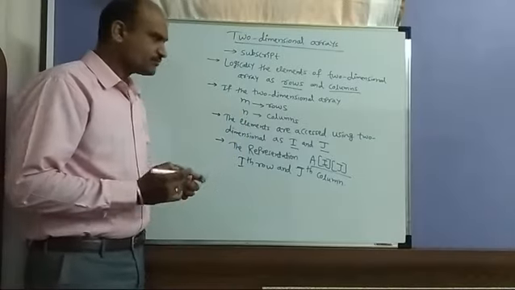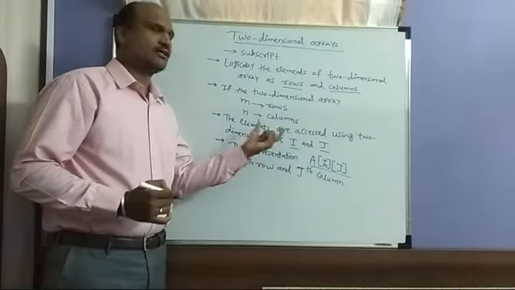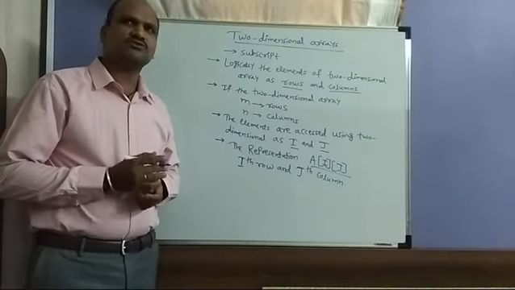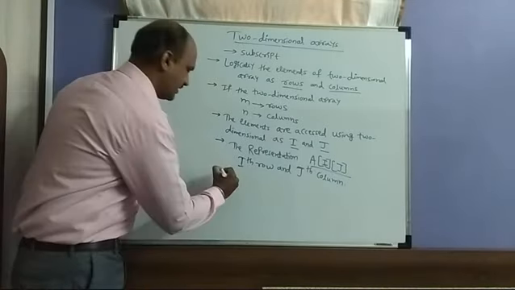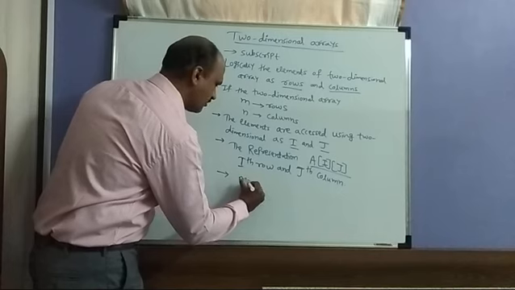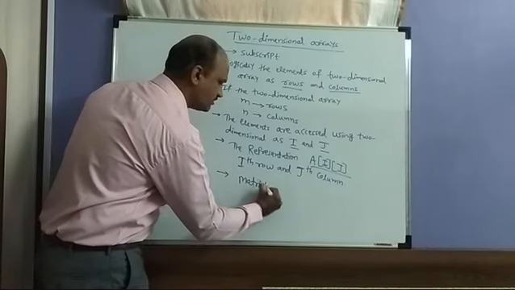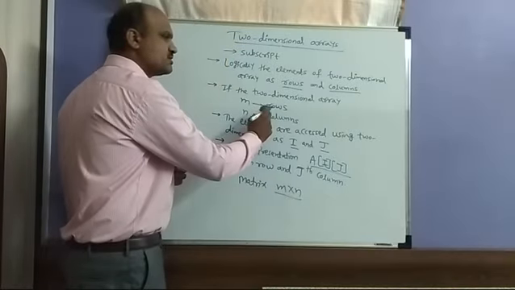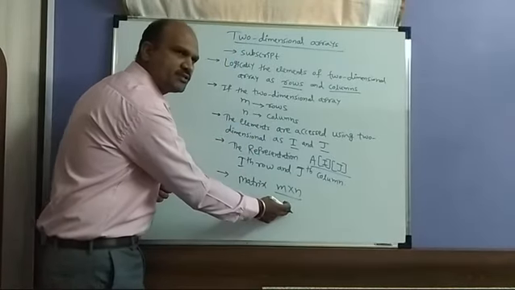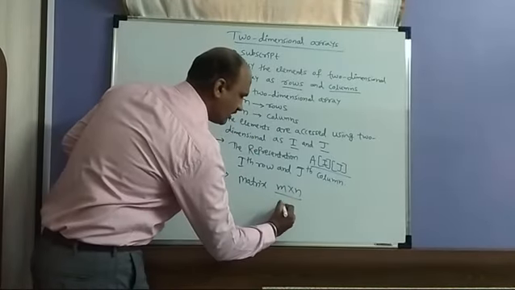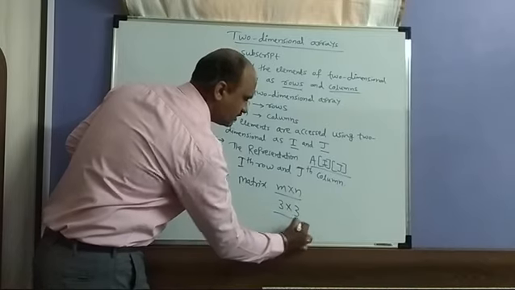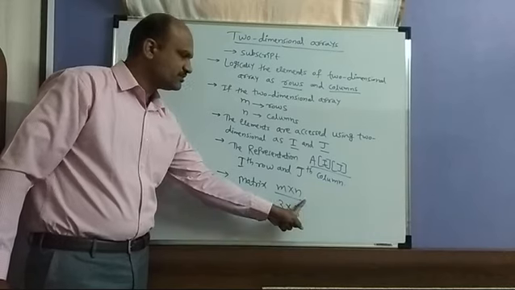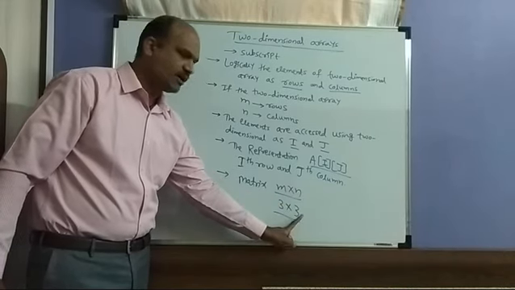Now, the two-dimensional array is basically used in the concept of a matrix, where we use m into n. As I told you, m means number of rows, n means number of columns. If I write order 3 into 3, then m, the number of rows, is 3, and n, the number of columns, is also 3.